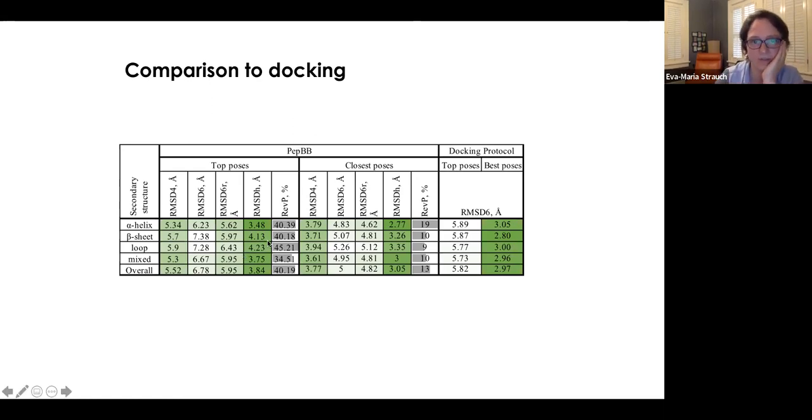So here again, we have that too. We have the hotspots being very close. The overall RMSD6 or 4 is also very similar. Again, the hotspots are really what matters the most probably for design. And then when you look at the closest poses, yeah, you get essentially comparable results, even though you're starting from scratch. Again, that was pretty exciting.